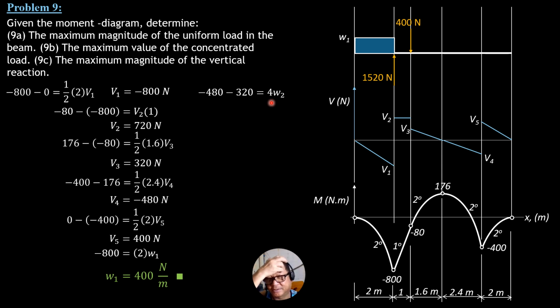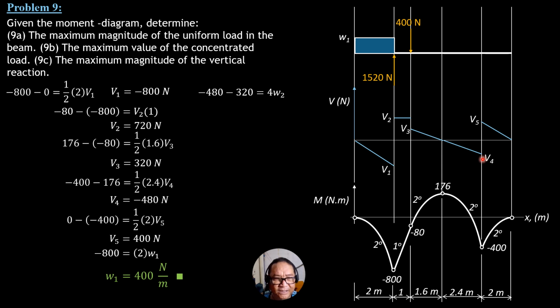Because we can verify that this curve, the shear curve, is just a straight line, let's solve for the slope. The slope of this line is negative V3, 320 divided by 1.6, so that's negative 200.